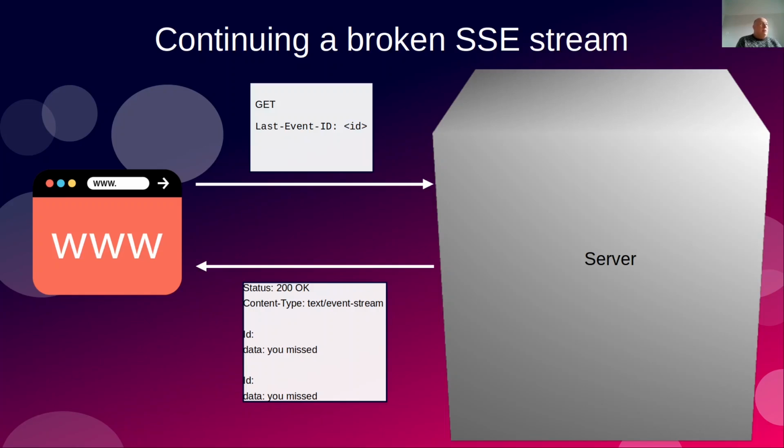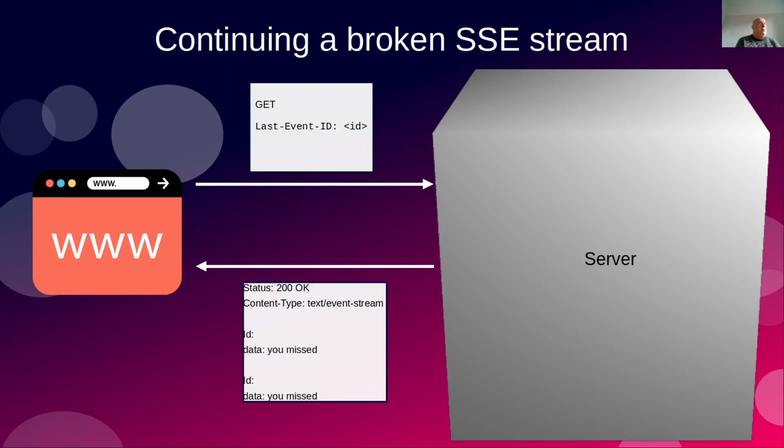All we do is we repeat the initial GET request to the SSE endpoint, and included in that GET request we include the header Last-Event-ID and the ID of the last event that we received. Now, this obviously only works if you're including IDs in your stream. If not, then this mechanism won't be available to you.